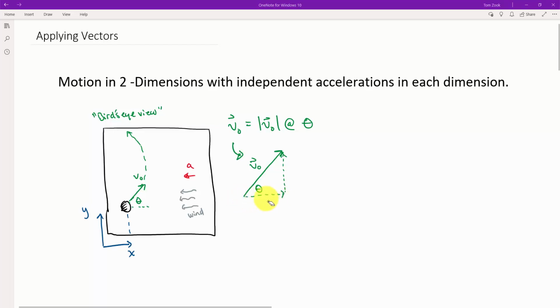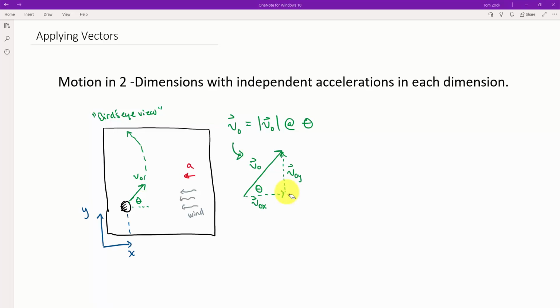So this horizontal leg of the triangle is the x component of our velocity. So we can call that VOX. And it's a vector. We could put a little vector hat on top of it. It would be going in the i direction technically. And then the vertical leg right here is going in the y direction, and that's going to be VOY. That's a vector.